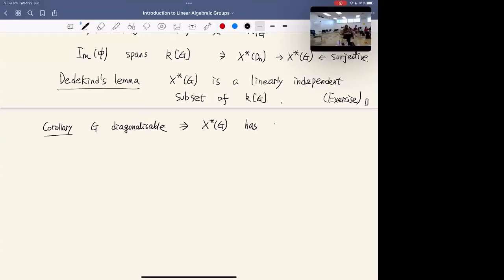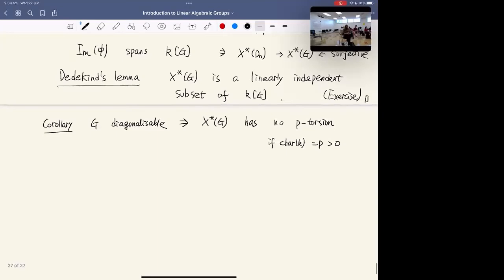The group X star G has no p-torsion if the characteristic of K is equal to p, a prime, that is, positive characteristic. What's p-torsion? If we think of an additive group, it means that no element has order p, or p doesn't divide the order.